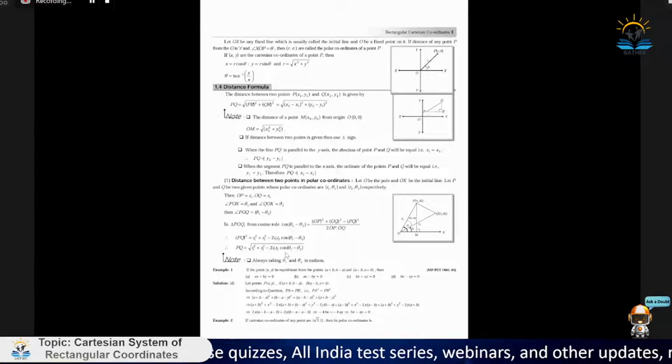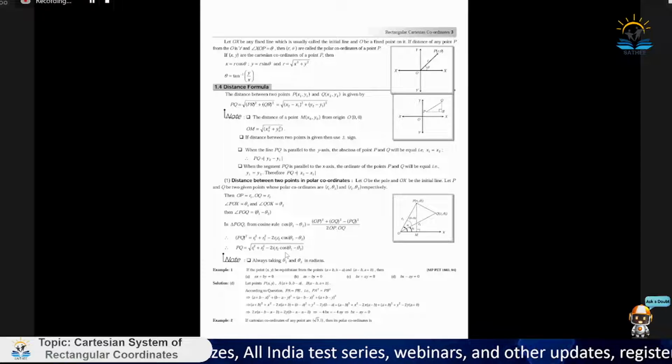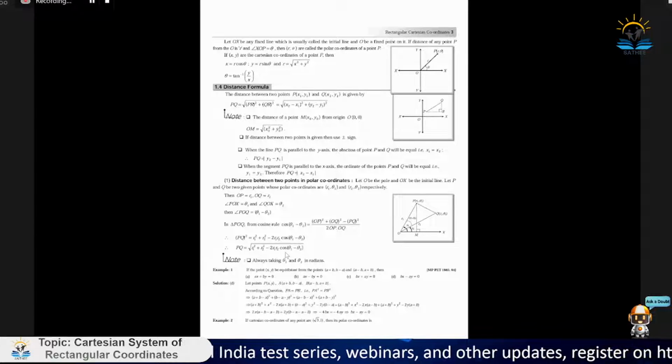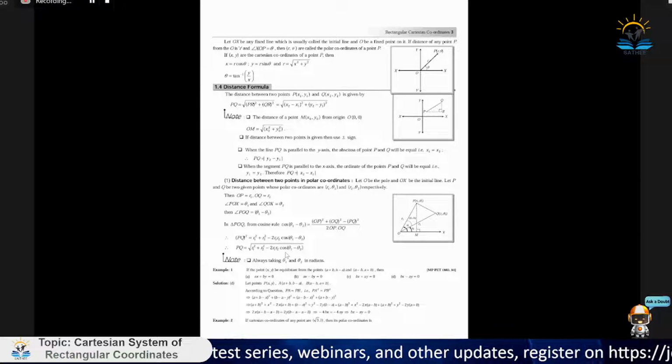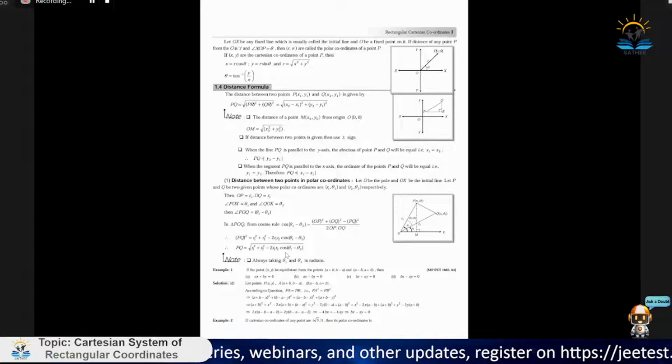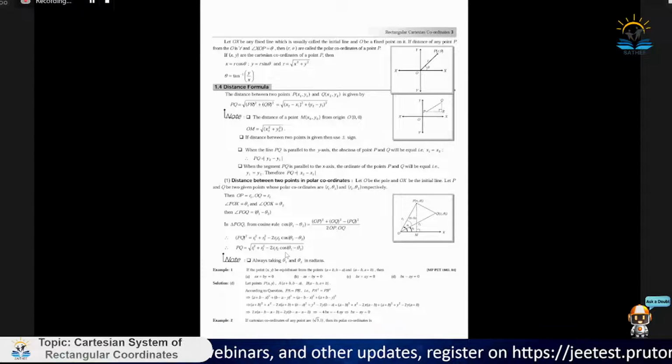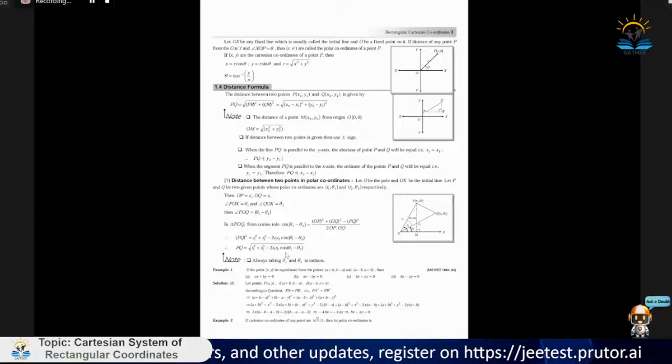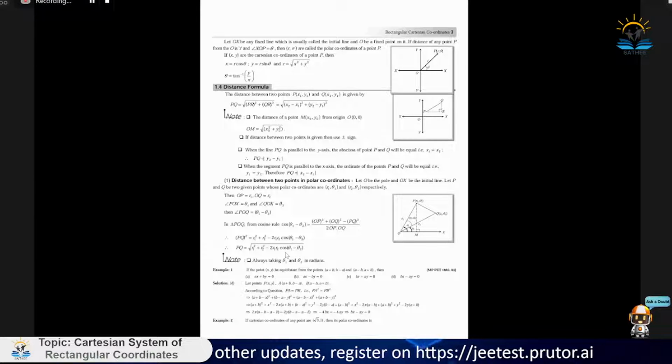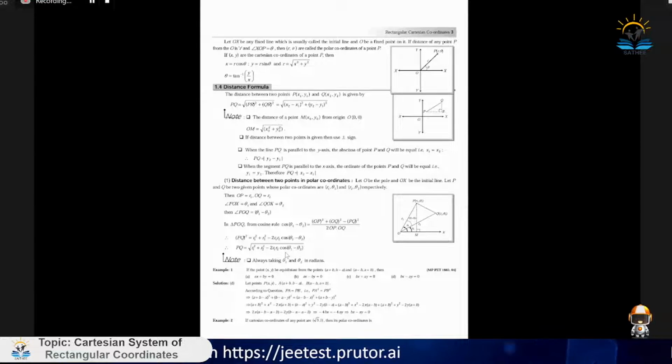As you can see in the picture, the point is denoted by r comma theta, where the angle made by the line OP with OX is theta and the distance OP is r. If we have questions involving circles, we can use polar coordinates, which makes the simplification easy.